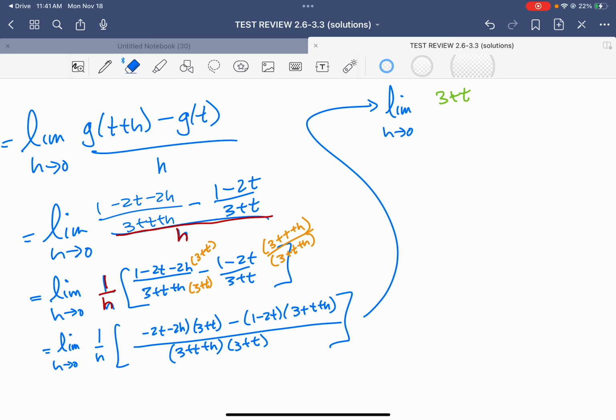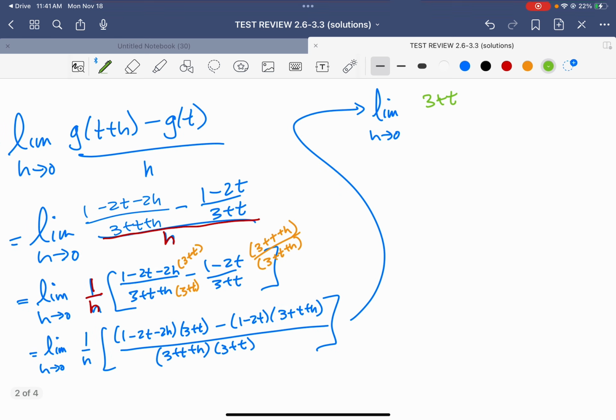And then our negative 2t is going to distribute and hit both of those, and it's going to give me negative 6t minus 4t squared.